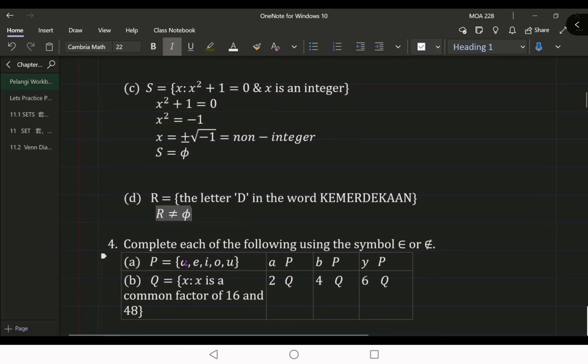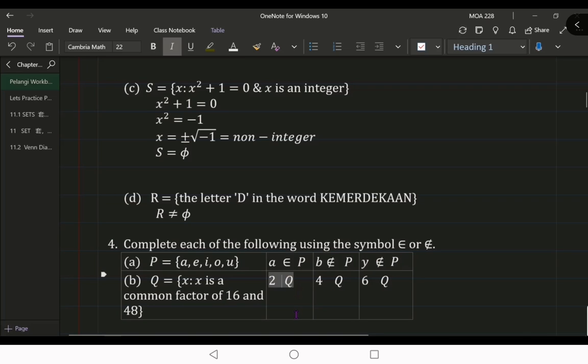Whether P is {A, E, I, O, U}. Is this one an element or not an element? Okay. Is A an element? Yes, A is an element inside the P. This one you need to know, B is not in the P. Also not inside the set P. How about this one?